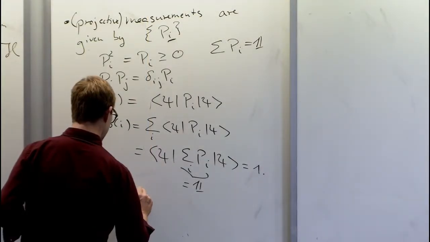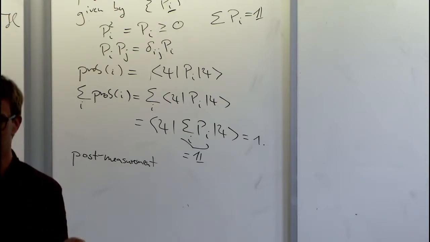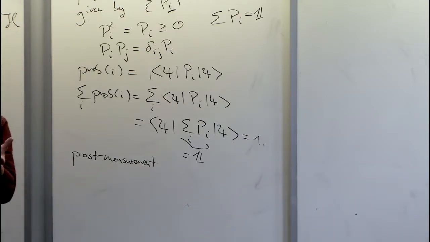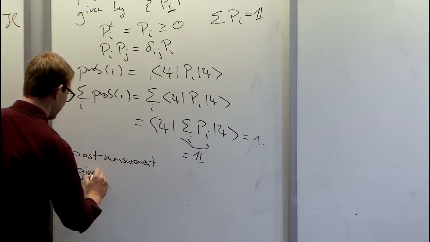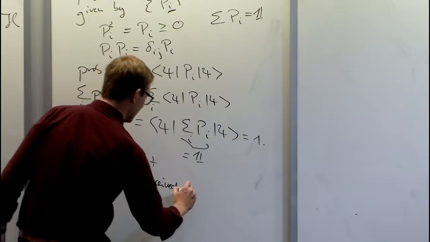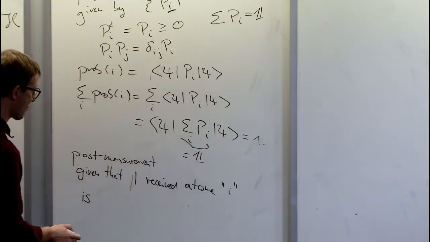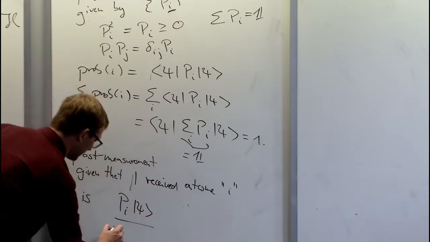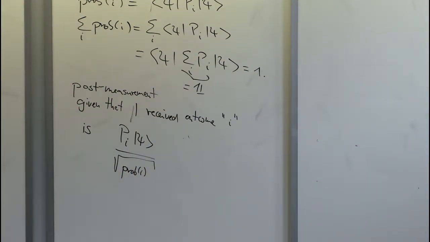Okay, post-measurement state. You do a measurement, you get outcome i, but then you still have your system around, your particle's still there. So I have to tell you what state the particle is in after I've done the measurement. The post-measurement state, given that I received outcome i, is pi psi divided by the square root of the probability of i.